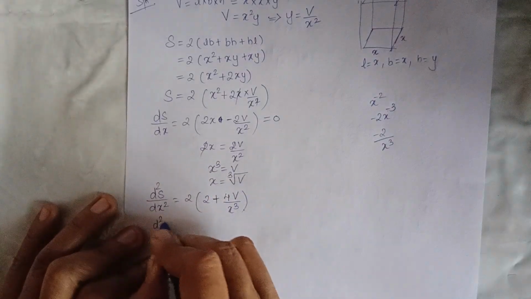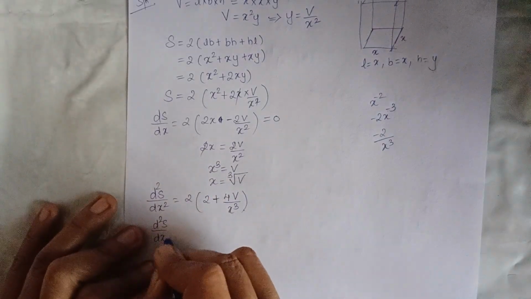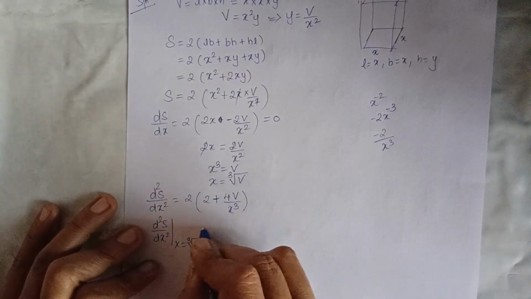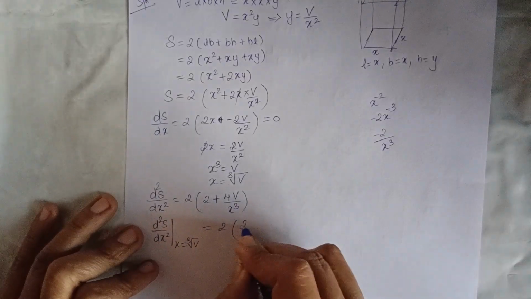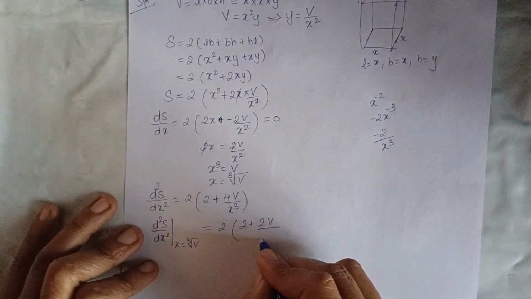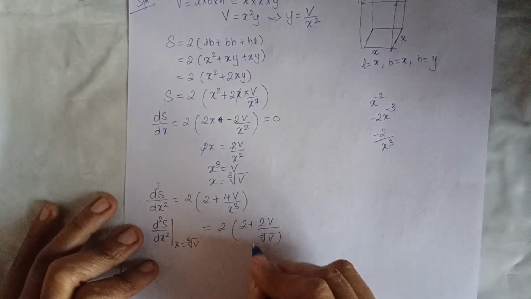So at the value you have to put x equal to cube root of v. So in place of x, it is cube root of v.